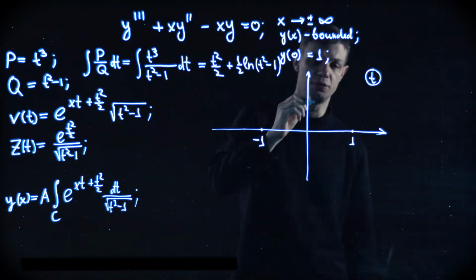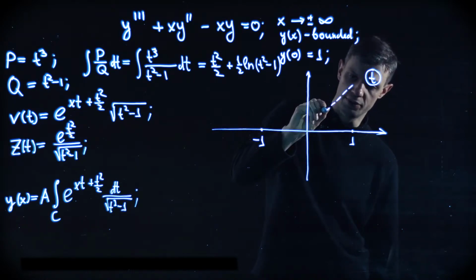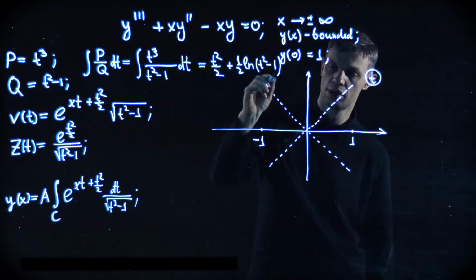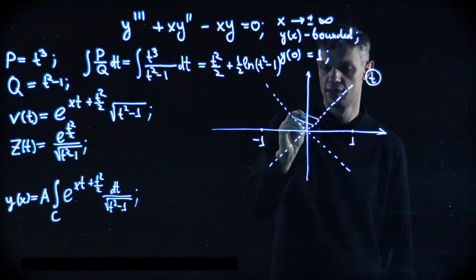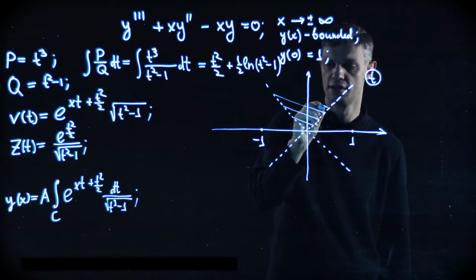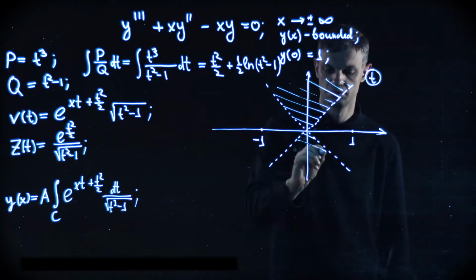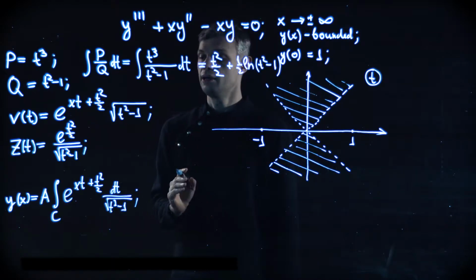Also, we have entire regions. So there are lines with the slopes of 45 degrees where v function vanishes. Okay, so let's shade these regions.